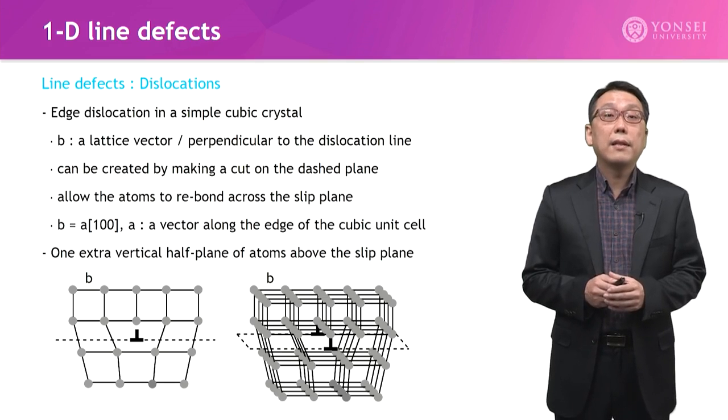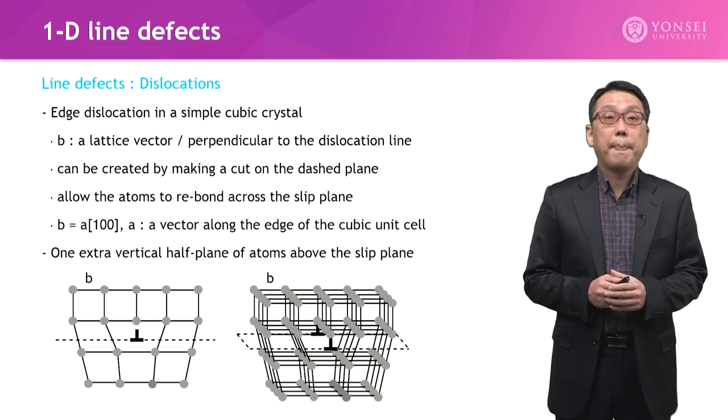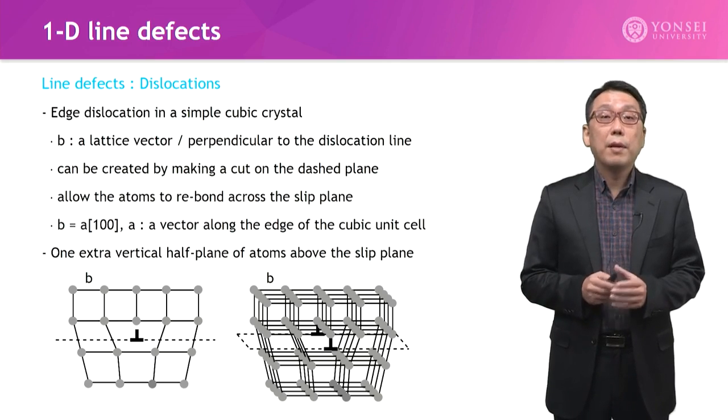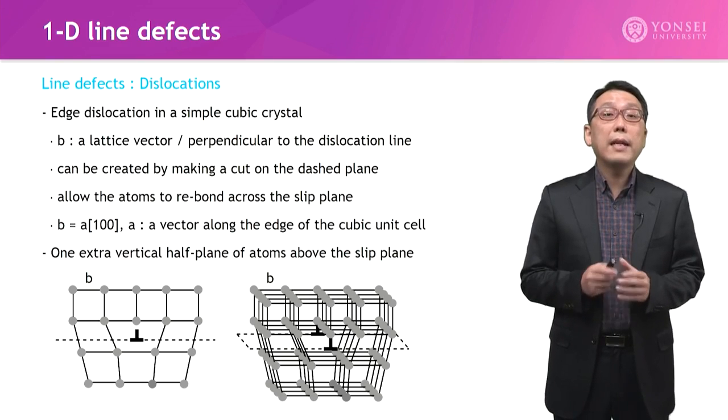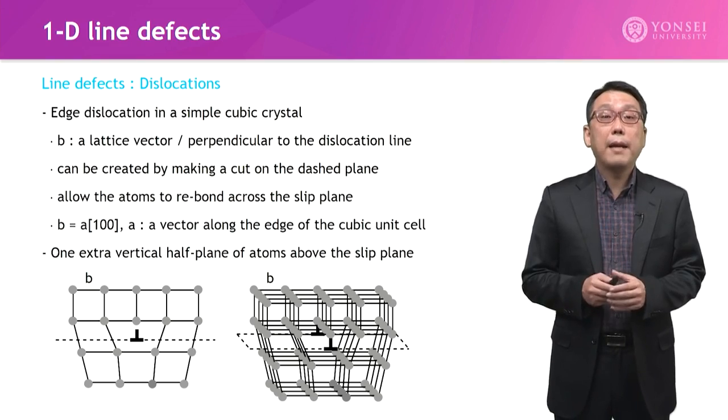This dislocation can be created by making a cut on the dashed plane as shown in this scheme, and allowing the atoms to rebond across the slip plane. So Burgers vector B is given by a[100], where a is a vector along the edge of the cubic unit cell. And we can also find one extra vertical half plane of atoms above the slip plane.